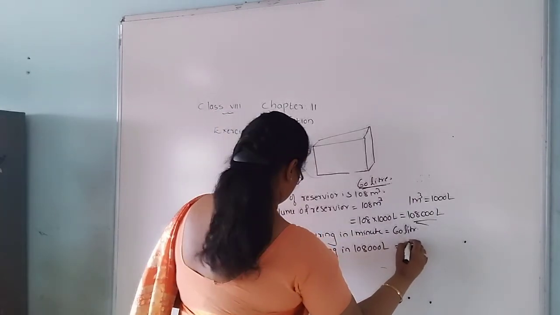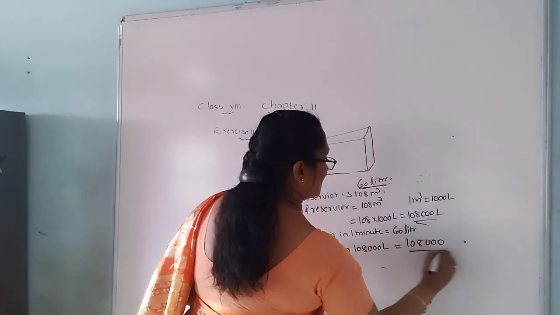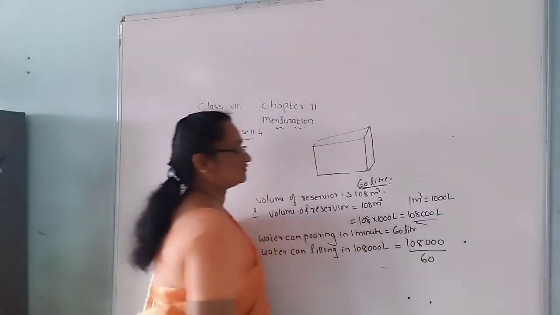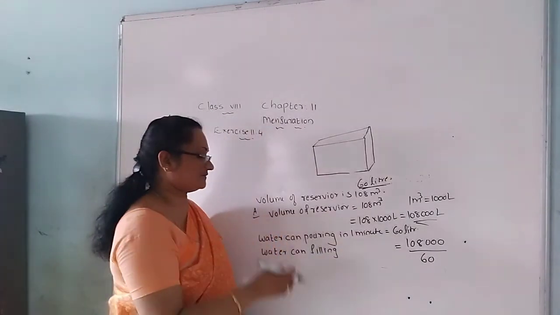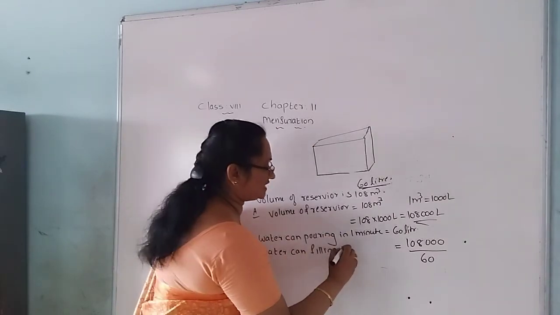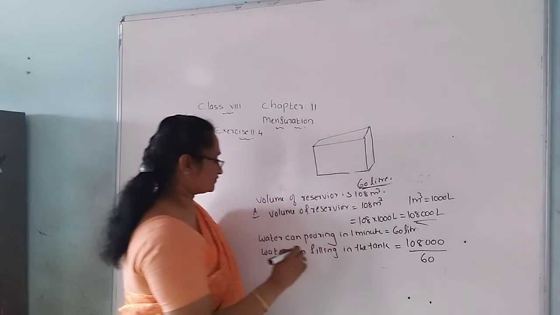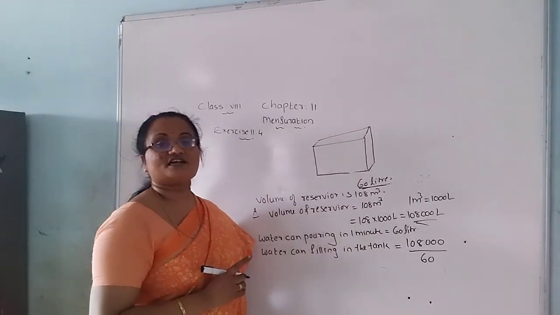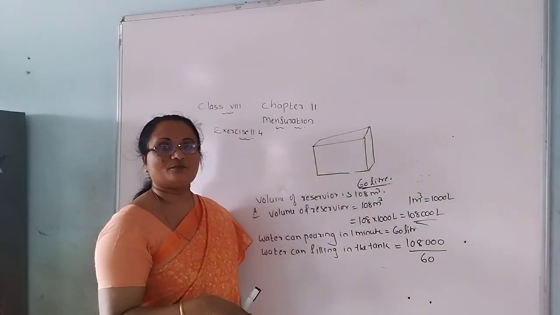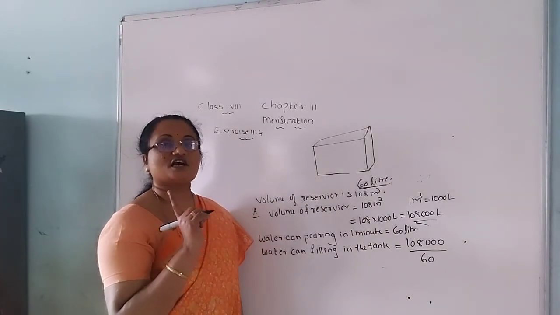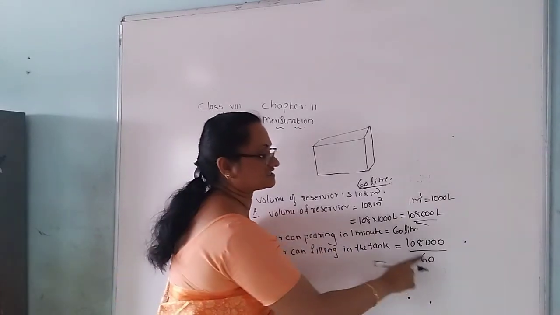To find how much time, that value is divided by 60. How much water can fill the tank in 1 minute? How many hours do we want? So the volume of the water tank is divided by the quantity of water poured into the tank in 1 minute, that is 60 liters.